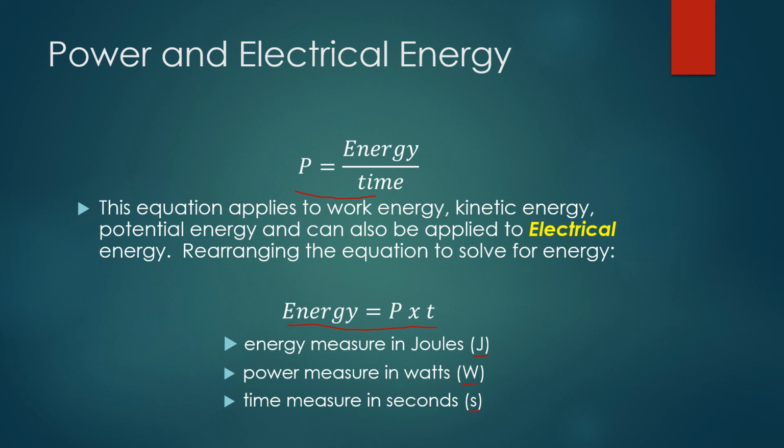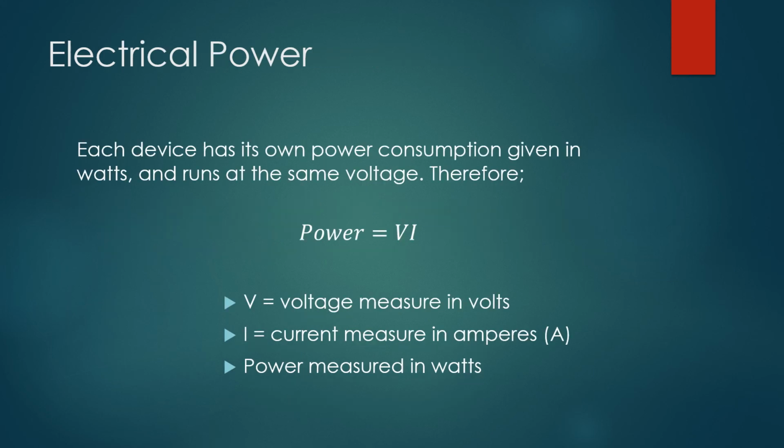When we're looking at this energy equation, we're talking about electrical energy. We've looked at kinetic, potential, work energy, heat energy. This equation is applying to electrical energy. Let's look at what electrical power would look like. You hear people say, oh, power went out. They're talking about electrical power.